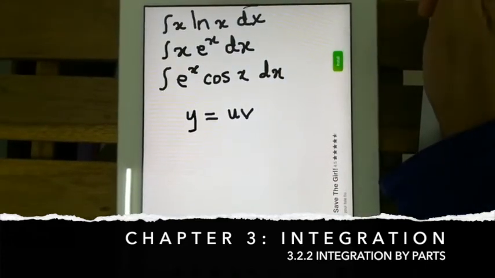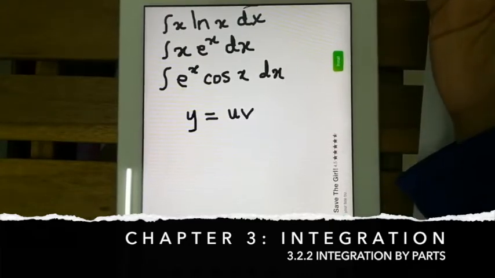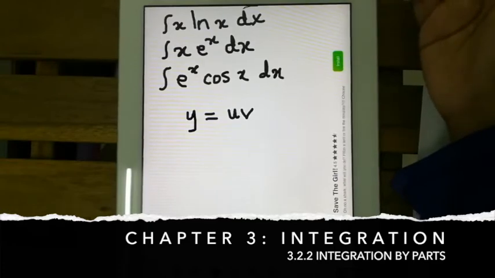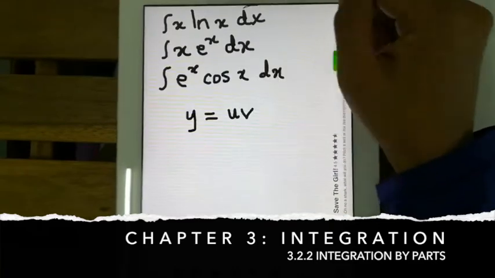When you try to do integration by substitution, but it seems too tedious, or you can't find the appropriate substitution, the next thing to do is you can try to apply integration by parts.